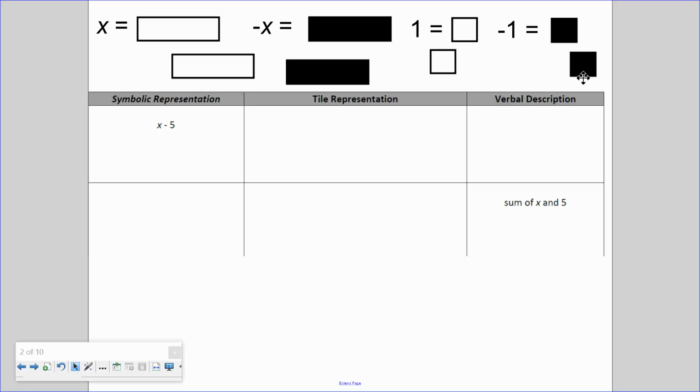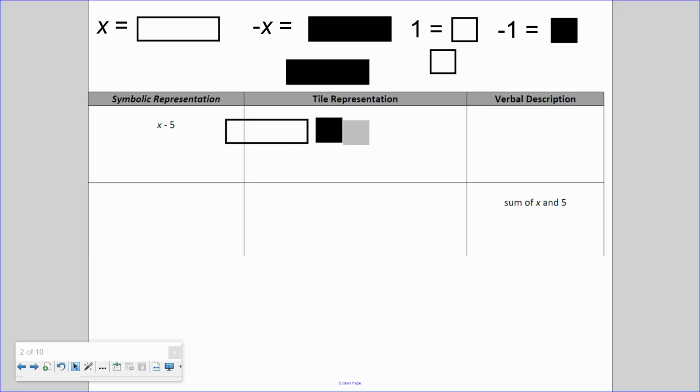So it says X minus 5. So I need an X, and I need minus 5. So minus 1, minus 2, minus 3, minus 4, and minus 5. That is my tile representation. So verbal description, X minus 5.